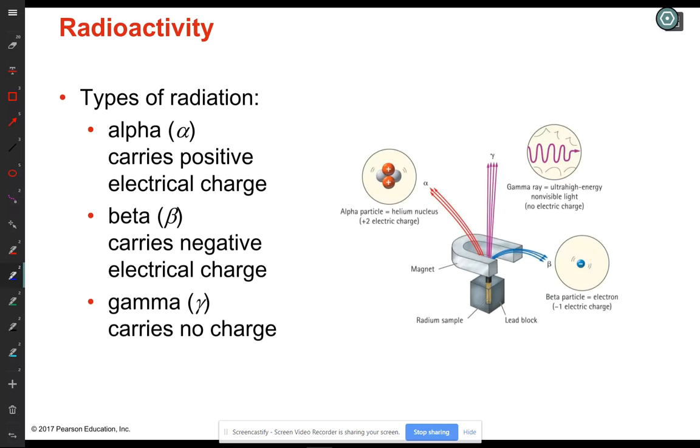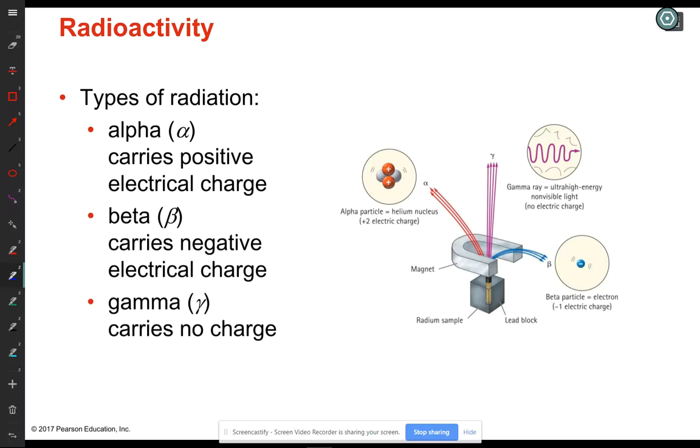And so he said, well, there must have been something coming out of that uranium rock that was exposing my film. Because I had the rock next to the film. And so if that's the case, then I should be able to take film that I know is good, bring it here with uranium and maybe take a picture of uranium rock maybe or something just by putting them next to each other. And so he did experiments to verify, sure enough, there was something coming from that uranium rock that was exposing his film.